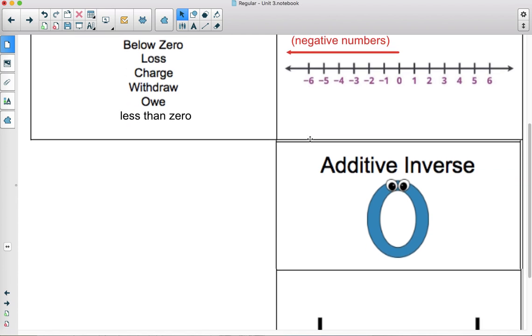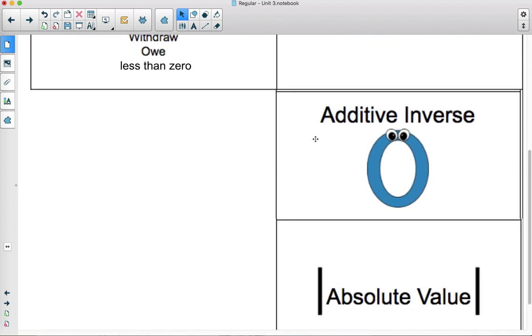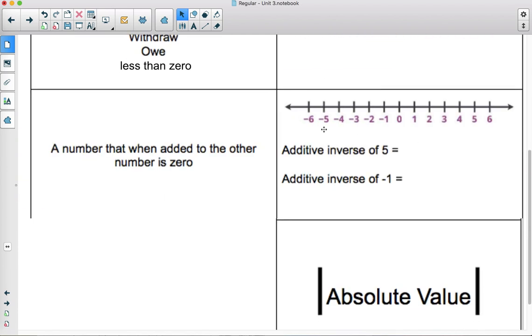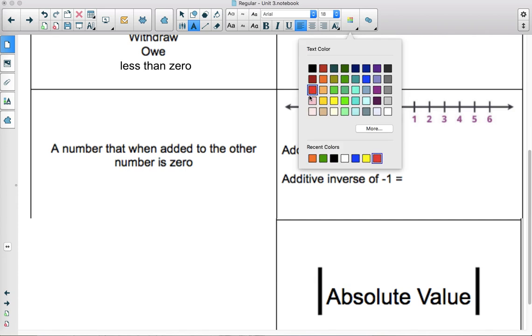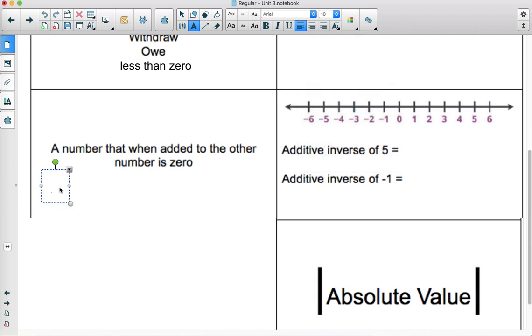Now we're going to go into additive inverse. So additive inverse is a number that when added to another number is zero. In your definition section here, I want you to put in here opposites.